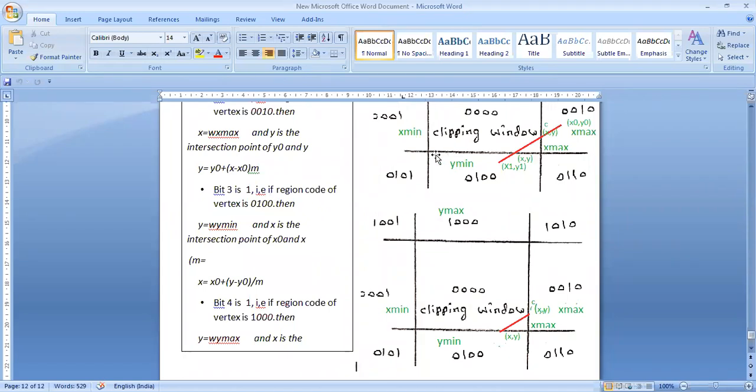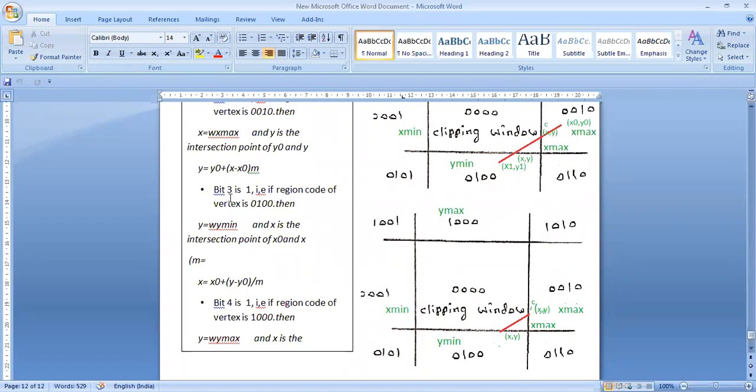This is y min region. This y1 I should bring to this point, so if this is xy, y is equal to y min. That is what they say.